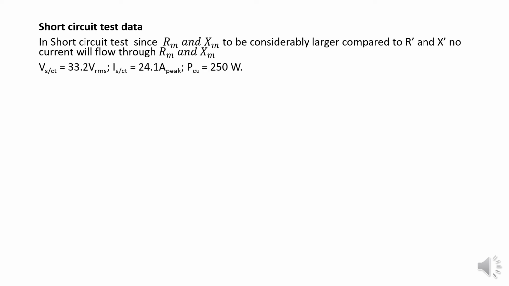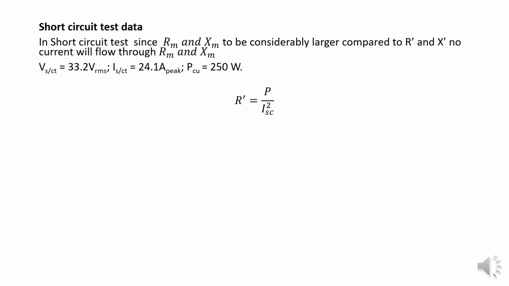You are given the short circuit voltage, the short circuit current, and the power also. Remember, R dash and X dash are the series components, so what you are going to use is the current, right?